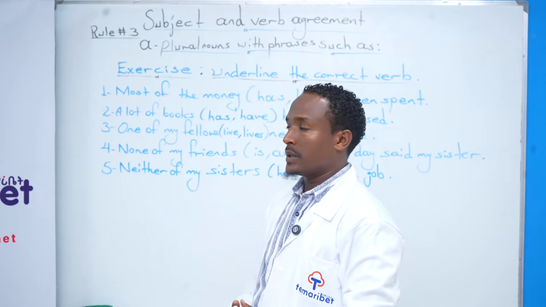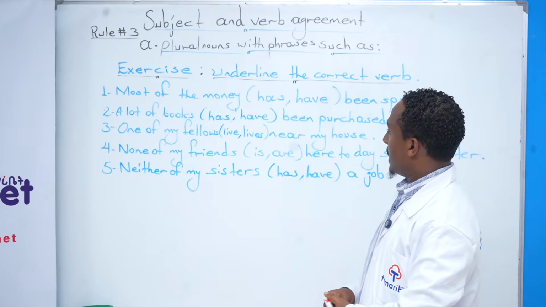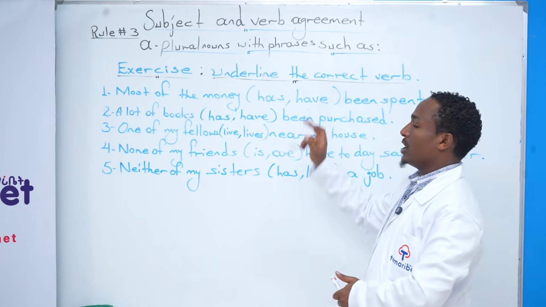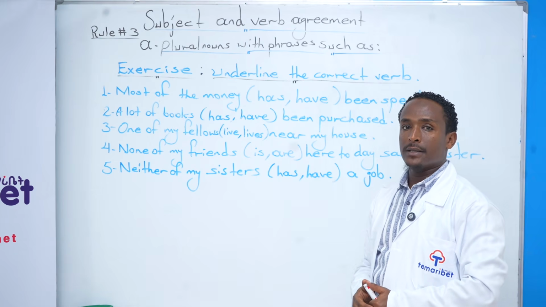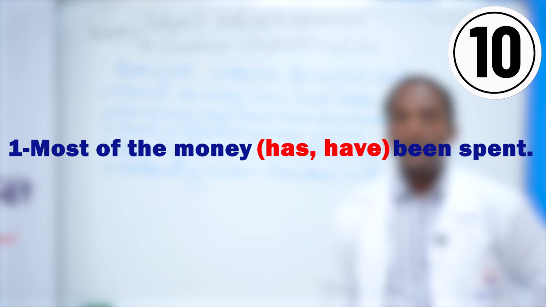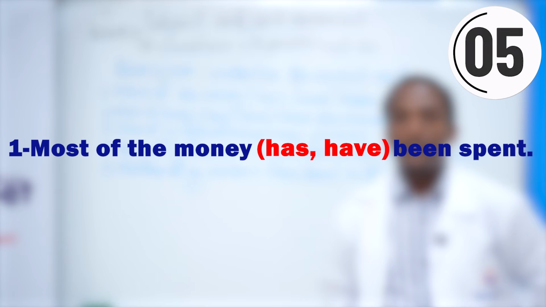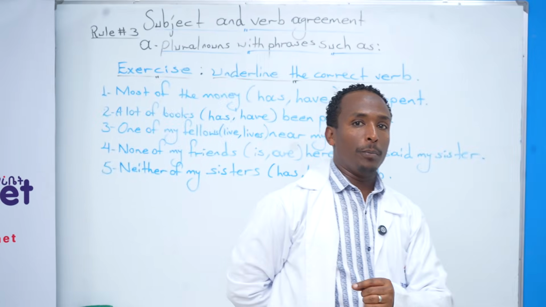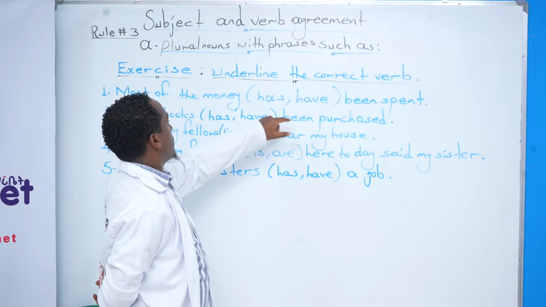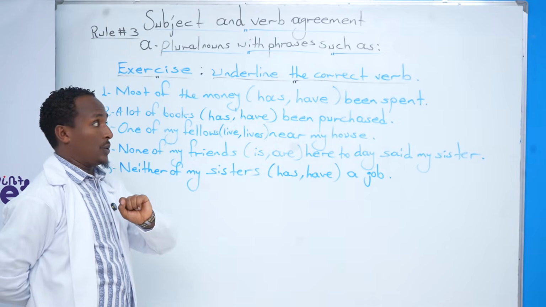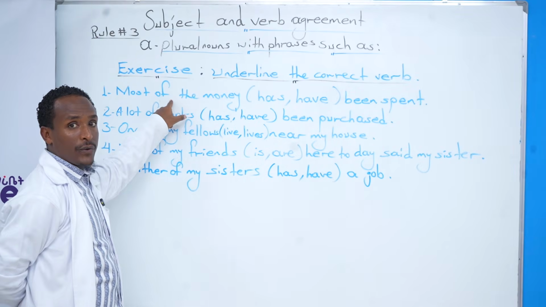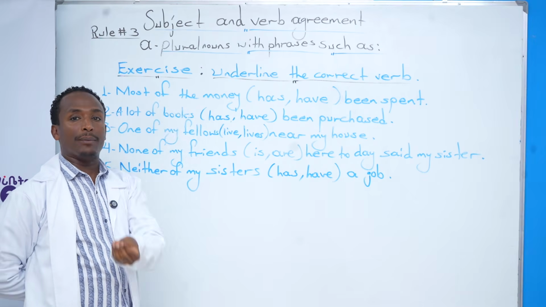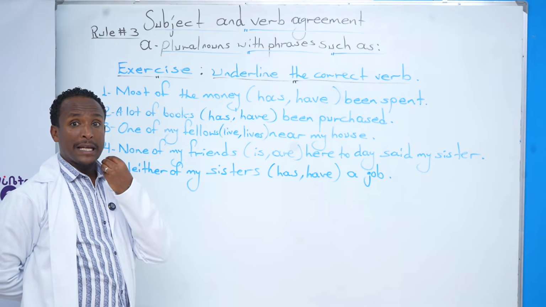Question number 1. Most of the money has been spent or have been spent. You have 10 seconds. Great. I hope you said has been spent. Why? Because if most of comes with uncountable noun, the verb must be singular.